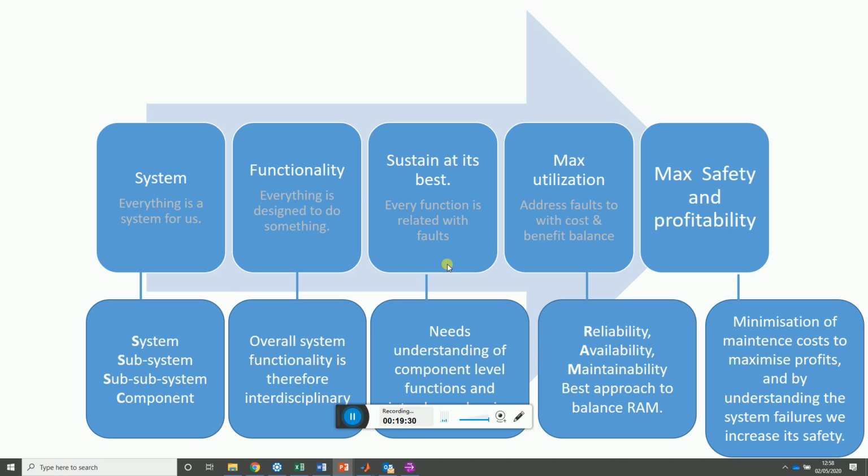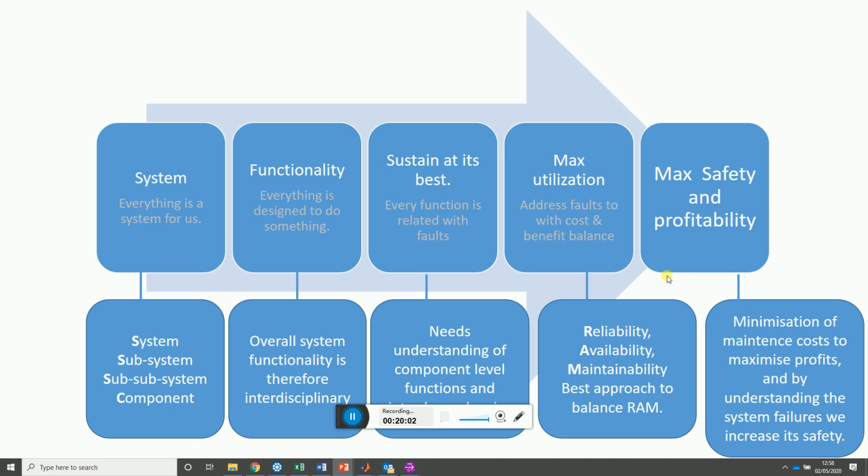And so by the very nature of mechanical designs and electrical components within the system, they are prone to faults, and those faults lead to system functionality failures, which can affect the availability of the system, and therefore its utilization.